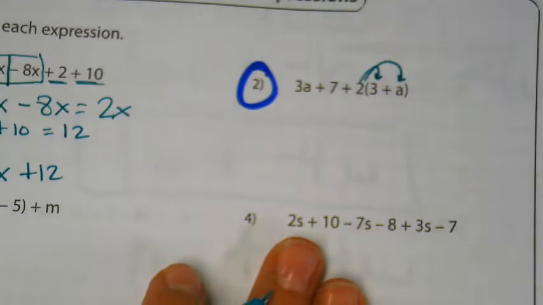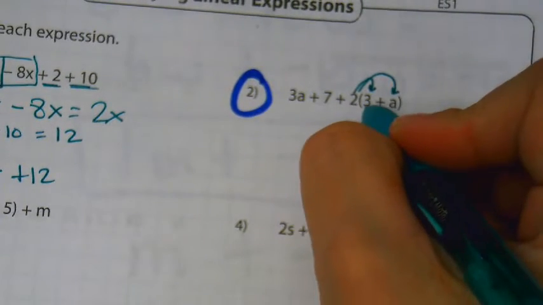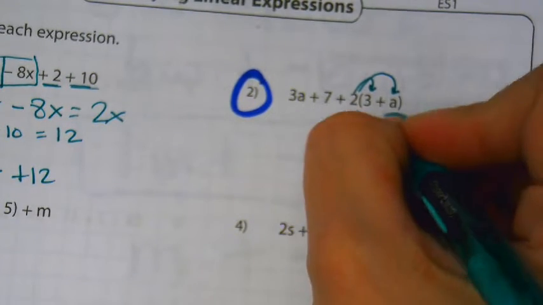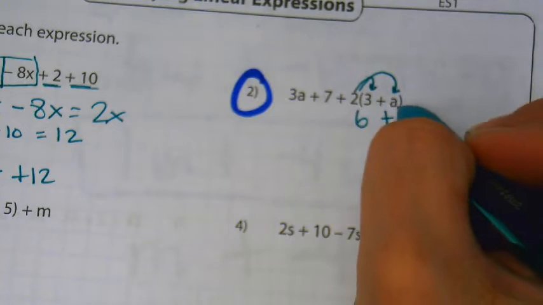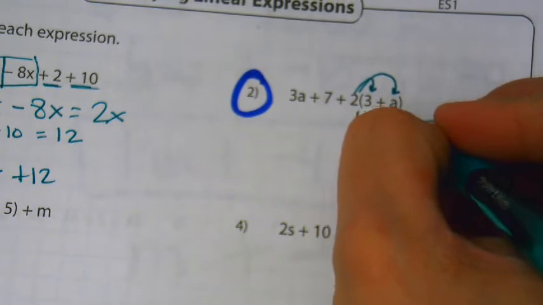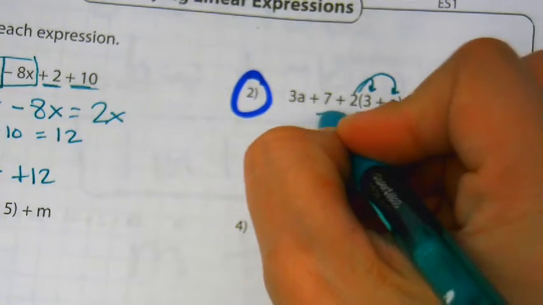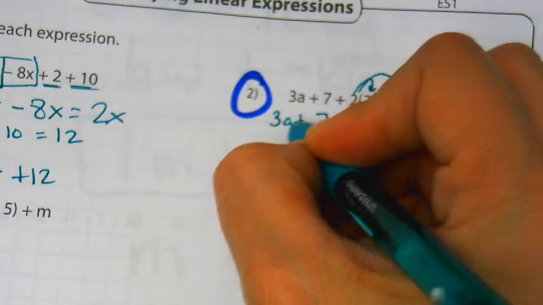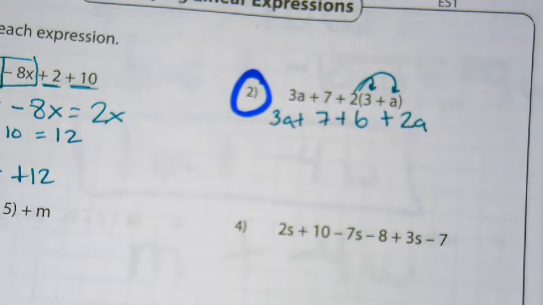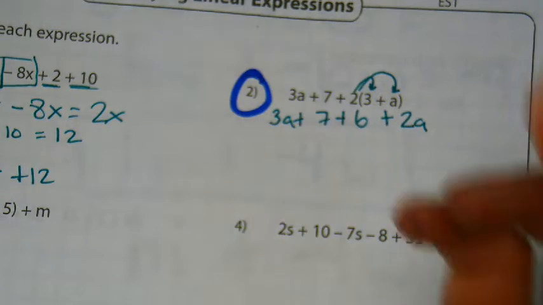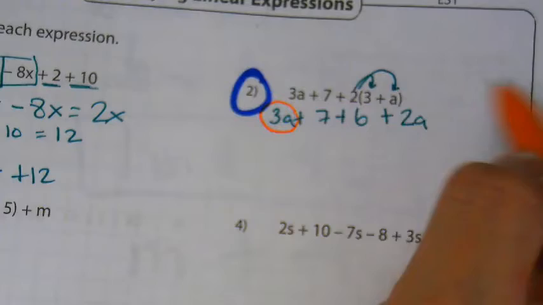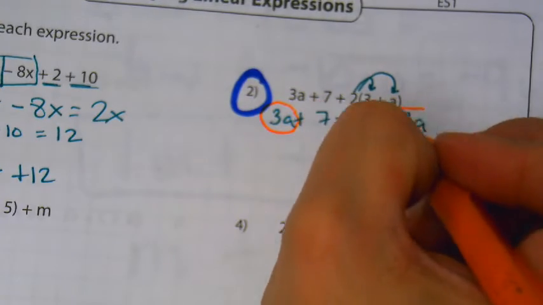All right. So what's 2 times 3? 6. 6 plus, what's 2 times A? 2A. Okay, bring everything down. 6 plus double A battery. All right, what do I circle? I'm going to circle the 3A, and I'm going to circle the plus 2A.